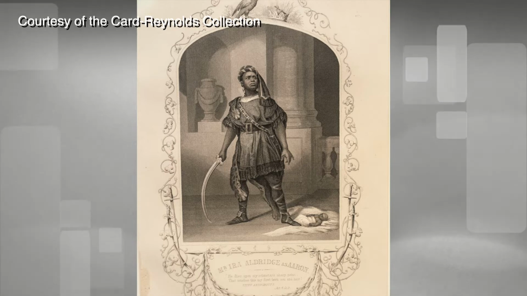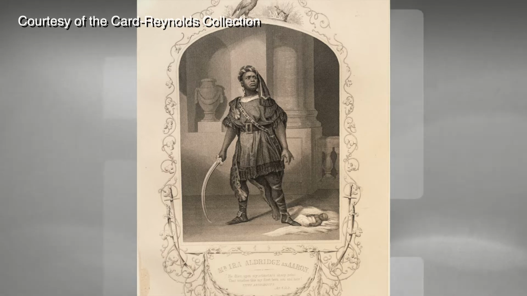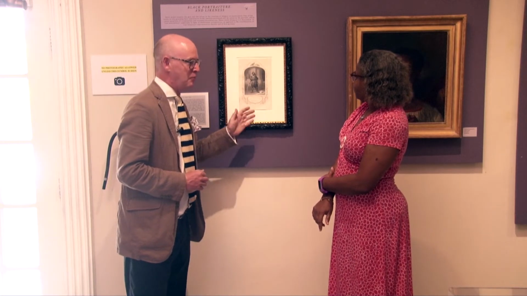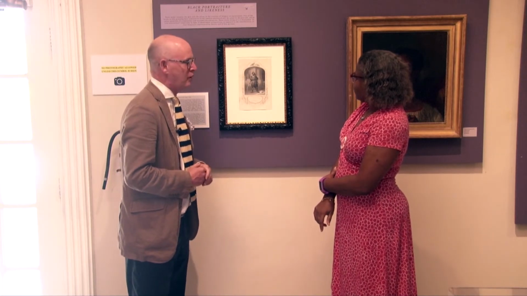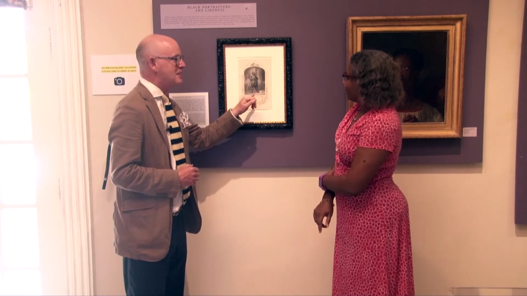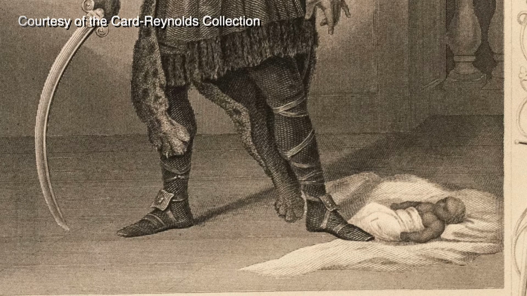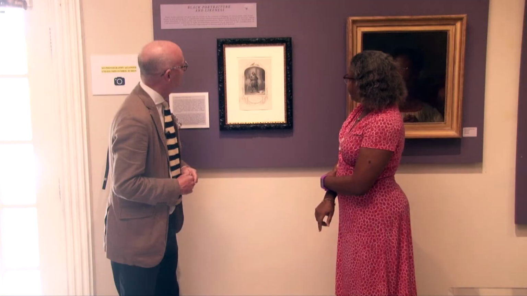And here we see the character Aaron towards the end of the play, where he triumphs, really, because everyone else has died in the bloodbath, and he dies. Plot spoiler, I'm afraid, but his son survives, and you can see this infant son lying at his feet.